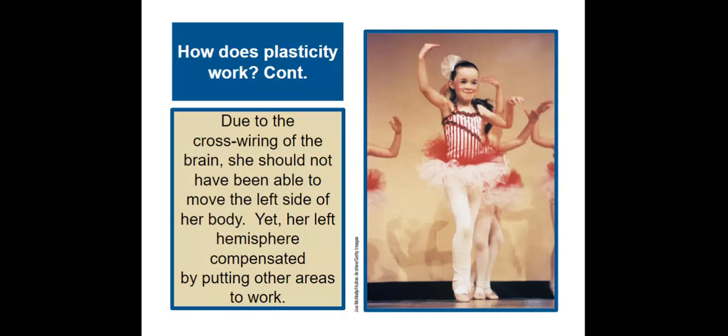Due to crosswiring, she can actually move her left side of her body, even though her left hemisphere, which is not supposed to happen, was able to do the work, at least to some degree. It was able to do the work of both the left and the right. The right hemisphere controls the left side of the body. She should not have been able to move it. The right hemisphere was gone, so her left side should have been just dead, for the most part.